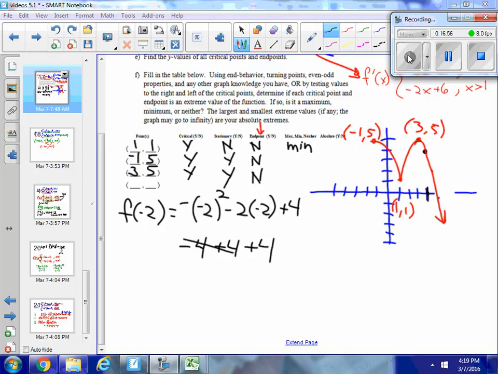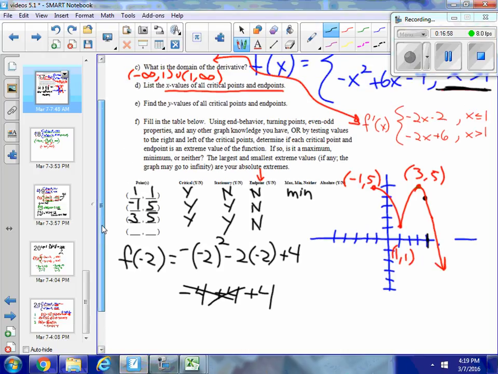So those are going to cancel out. And I find out, again, f of -2 is equal to 4. So my graph, again, is turning, and it's going down. And it's going to go down forever because there are no more turning points.